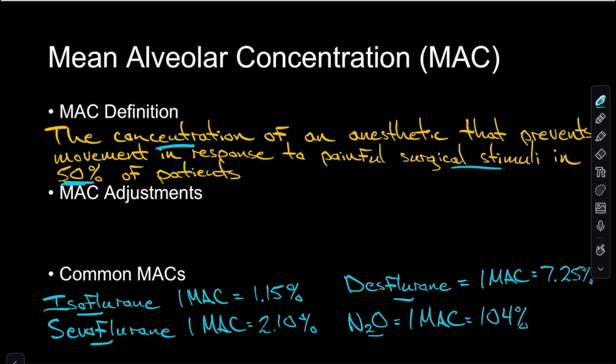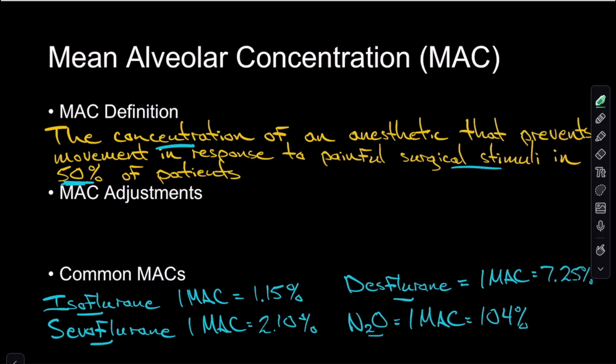So the massive benefit of MAC is you're defining a universal concentration of 1 MAC, or more or less depending on your goal for the anesthesia procedure, a universal standardized concentration that can be used across different volatile anesthetics. And then you can anticipate the same anesthetic effect no matter which of the gases you're using.